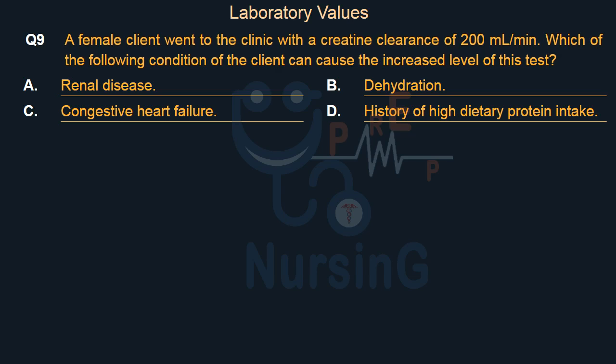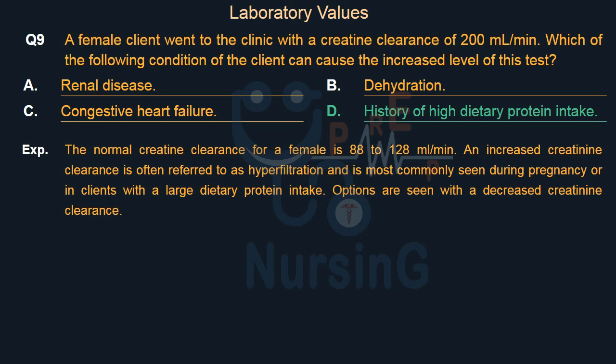Right answer is Option D, history of high dietary protein intake. The normal creatinine clearance for a female is 88 to 128 ml per minute, and increased creatinine clearance is often referred to as hyperfiltration and is most commonly seen during pregnancy or in clients with a large dietary protein intake. Other options are seen with a decreased creatinine clearance.